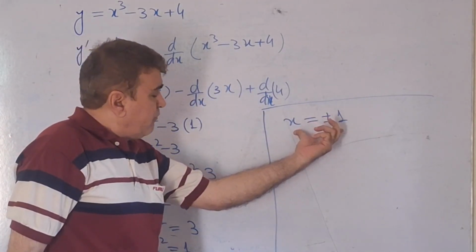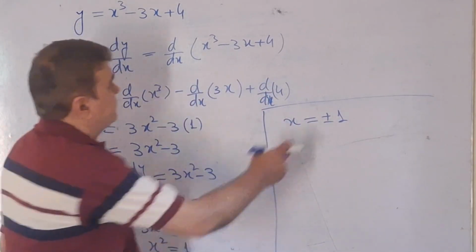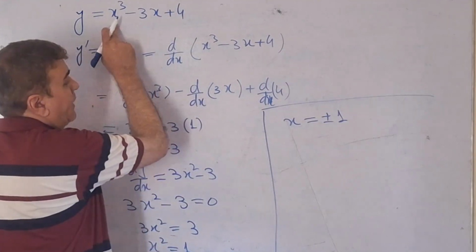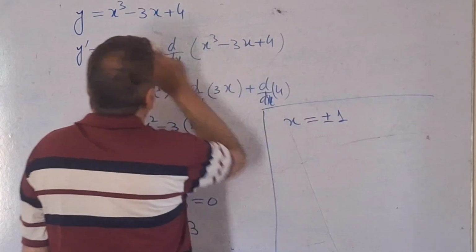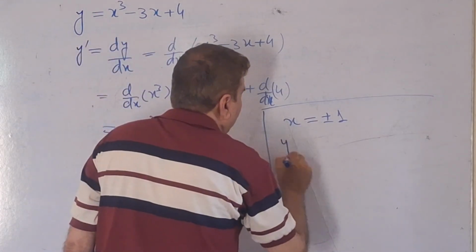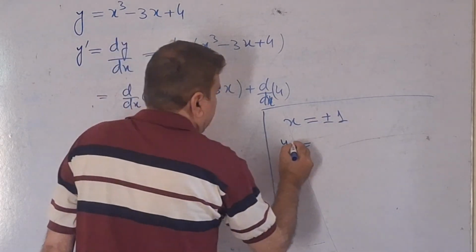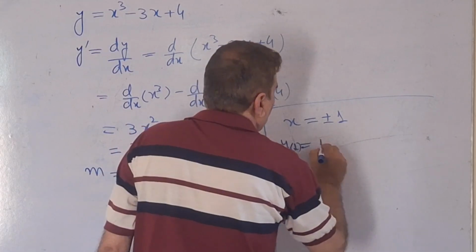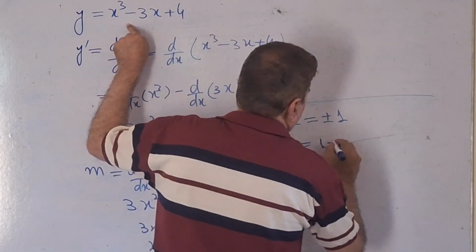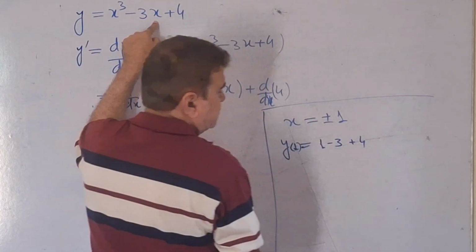In order to find the values along the y-axis, I substitute x equal to 1 in this equation, and then x equal to minus 1 in this equation. So the value of y corresponding to x equal to plus 1 would be 1 cubed, which is 1, minus 3 times 1 plus 4.